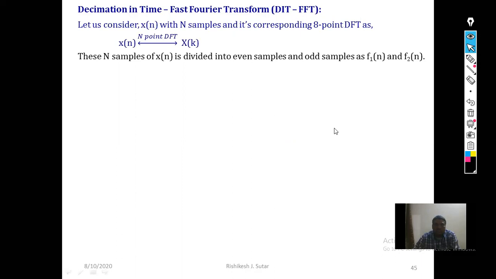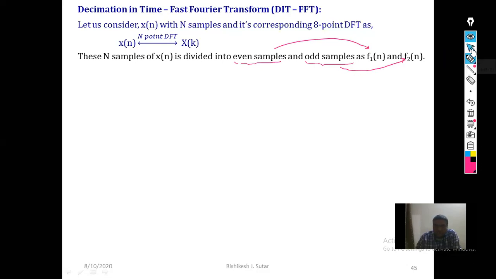So let us divide the samples of x of n into two parts. First is the even samples, and second is the odd samples. Let us indicate the even samples as f1 of n, and the odd samples as f2 of n.